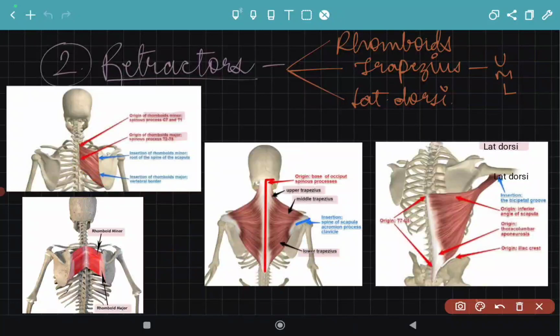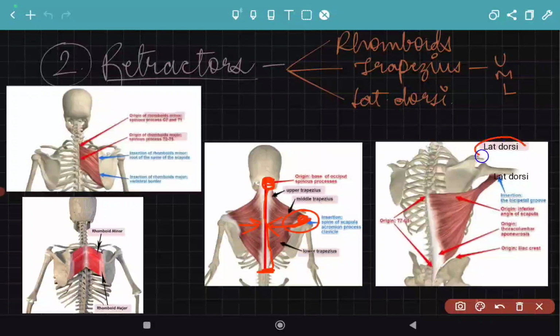Moving on to the trapezius. The upper, middle and lower fibers of the trapezius will help in retraction of the scapula, as they have their origin at the base of the occiput and the spinous processes down to T12, and insertion at the spine of the scapula and the acromion process. Because of this attachment, it will help in retraction of the scapula.